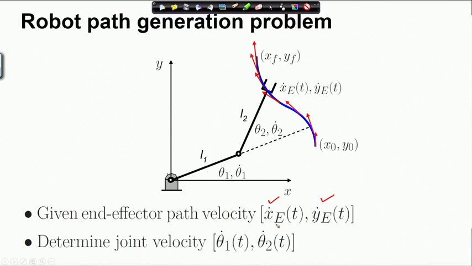So, here we can differentiate and find out the velocity as a function of time, and using the velocity analysis we are going to determine the joint velocity, which comprises in this case theta 1 dot and theta 2 dot.